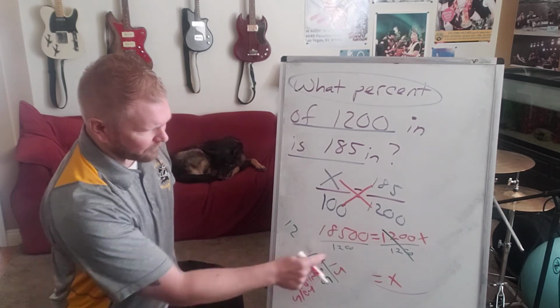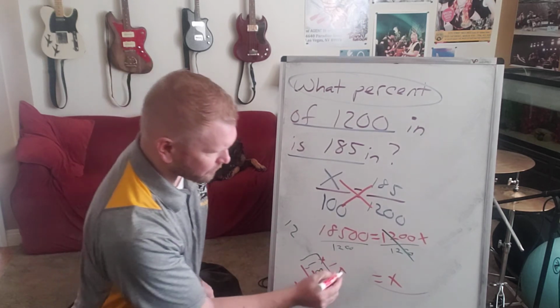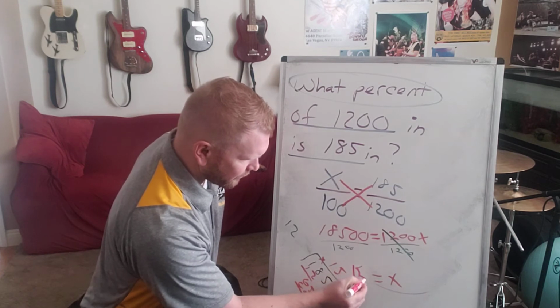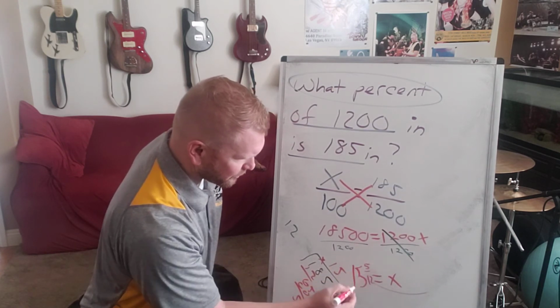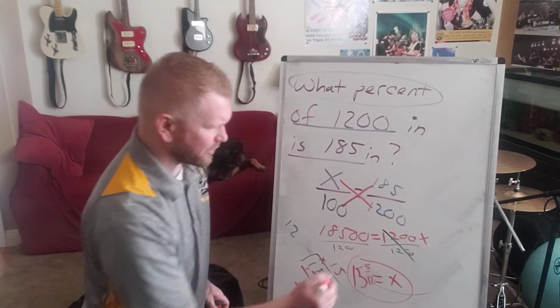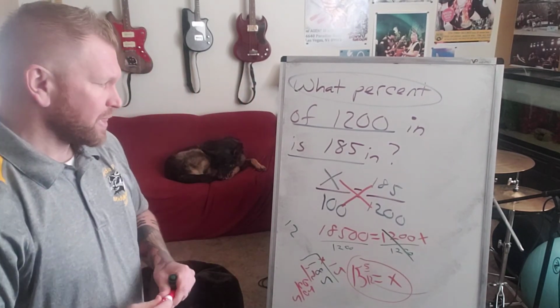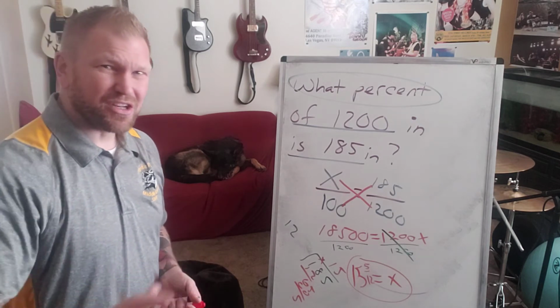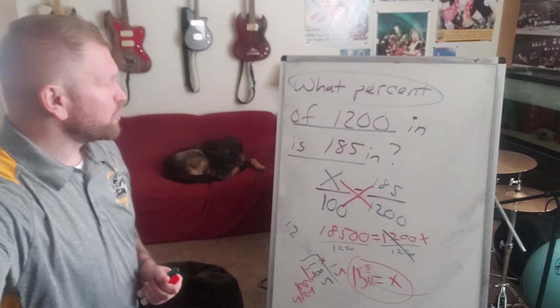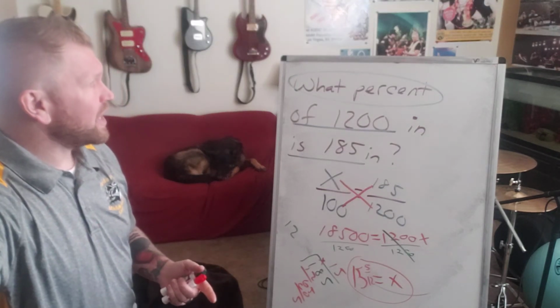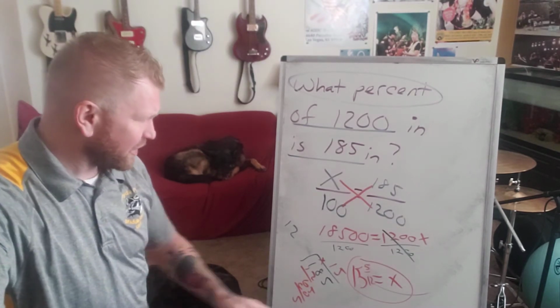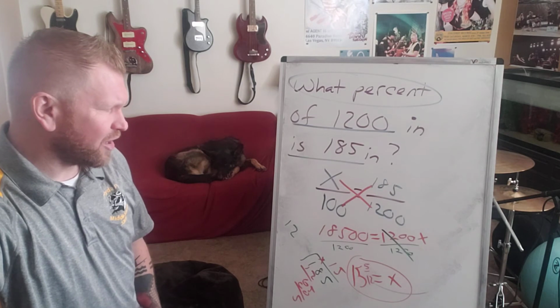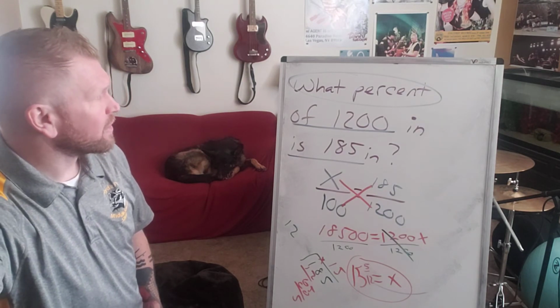So I know the answer is going to be 15 and 5/12. And if you used a calculator, you got some decimal in there. I'm not sure exactly what 5/12 is as a decimal, but it's 15 point something, a little bit less than .5. So remember, we said that it was definitely going to be less than 50%. I thought it might be somewhere close to 12%. It's pretty close. It's almost 15.5%.